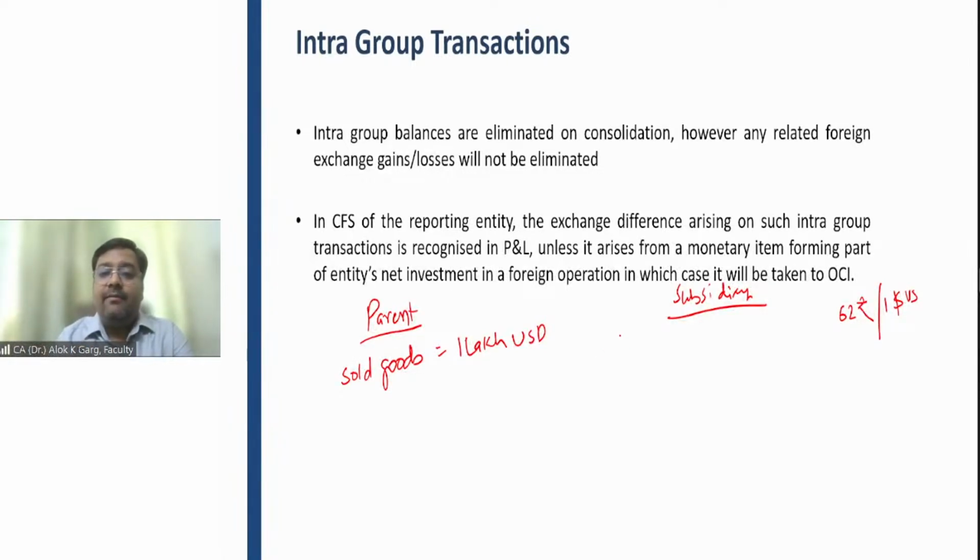Subsidiary has put an entry: purchases account debit, 60 lakh, to trade payable, 60 lakh.